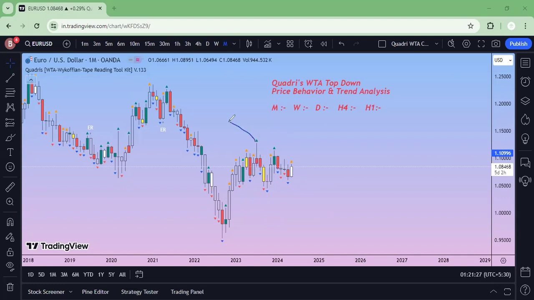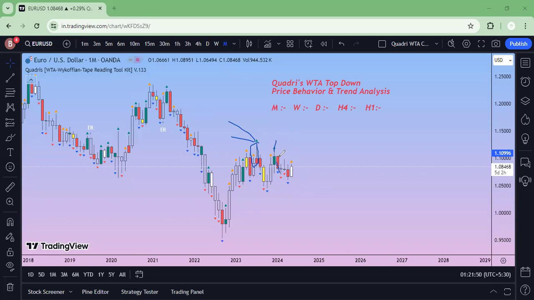So this was an imbalance zone, imbalance area, imbalance price month. So when the price approaches the imbalance month, demand tried its level best to take the market upwards, but later on price continued downwards.